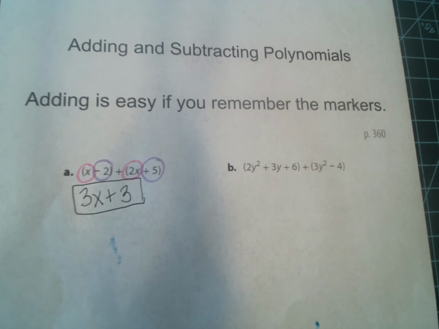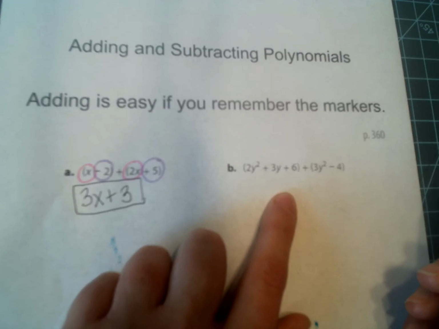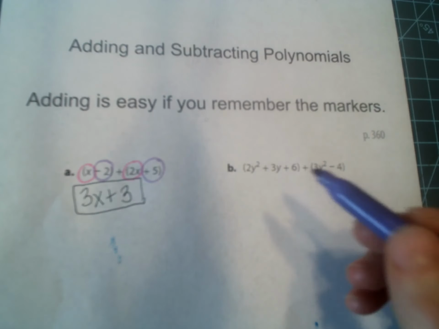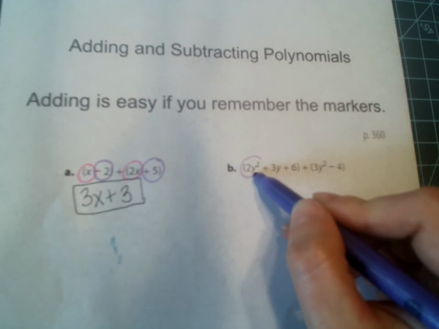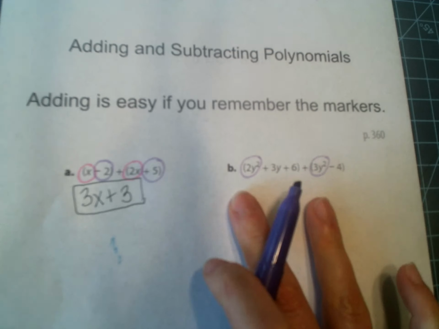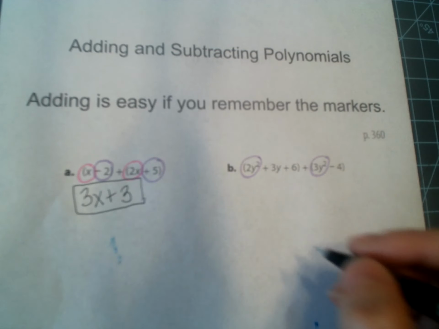So we'll start here. We have 2y squared plus 3y plus 6 plus 3y squared minus 4. The first thing I notice is that my highest powers are y squareds. So I'm going to take those 2 together and combine those first, which gives me 5y squared. Then I have a 3y.